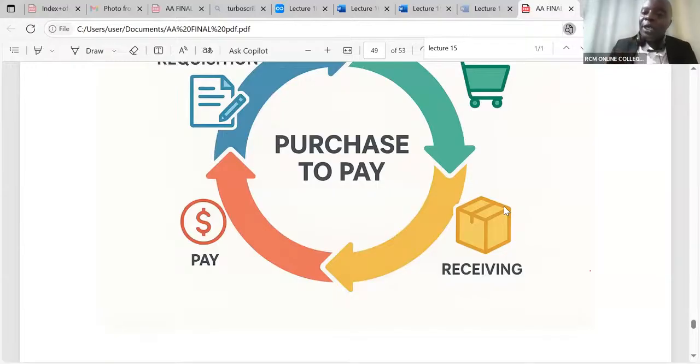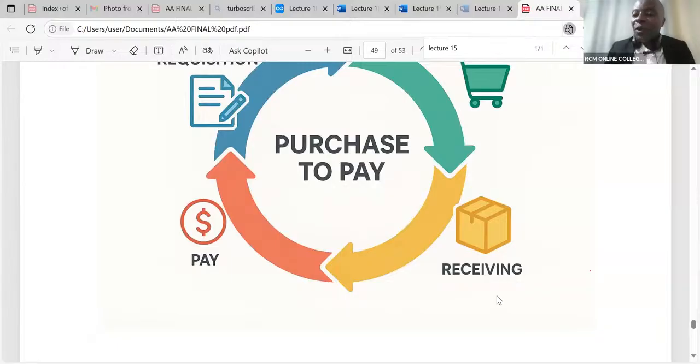So we shall get this goods received note showing the name of the item, the quantity ordered, and then the quantity received. If there are any discrepancies, this person should make comments there. And then, of course, at the end of the day, the person receiving must always sign.